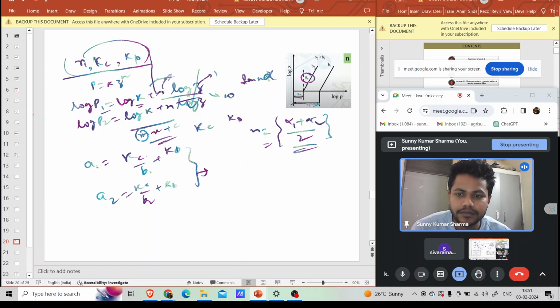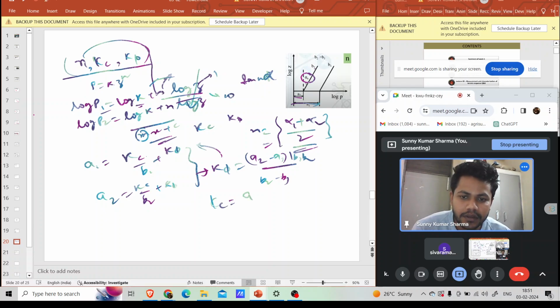If you do some mathematical calculation, you will get Kphi as (A2 minus A1) b1 b2 by (b2 minus b1), and you put this Kphi in this equation. You will get Kc as (A2 b2 minus A1 b1) by (b2 minus b1).